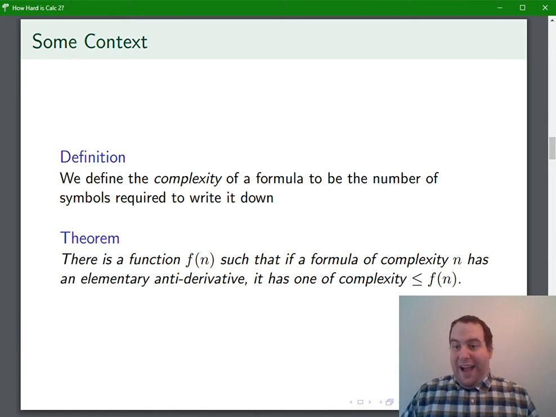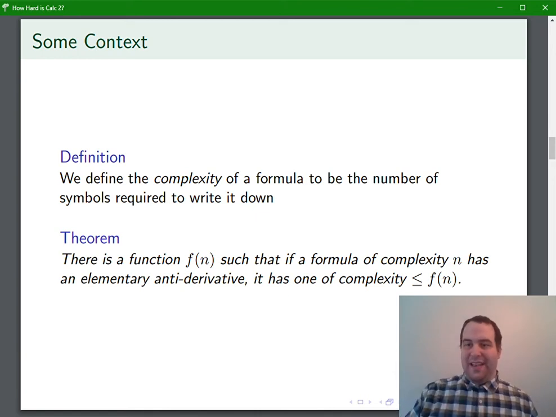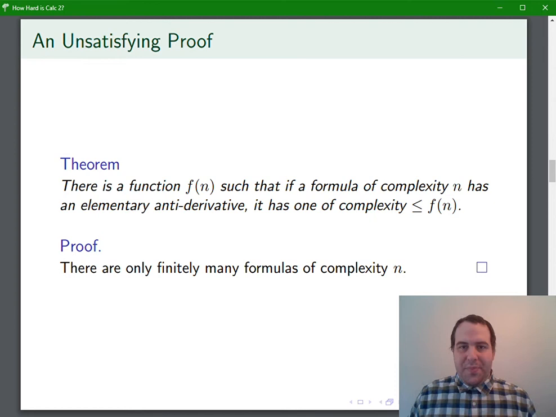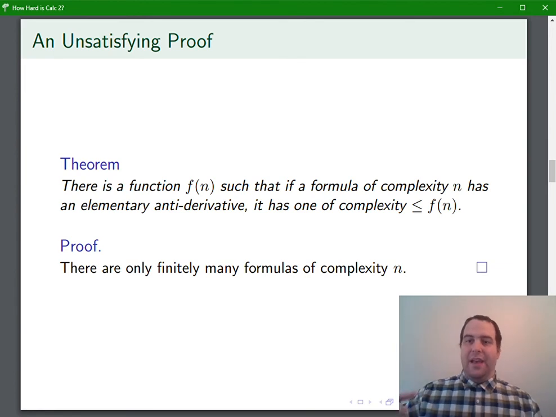So this is a fact, and it's kind of trivially true. All you have to do, because there are only finitely many formulas of complexity n, is simply take the one that has an elementary antiderivative of the largest complexity, and that tells us how far we have to search.